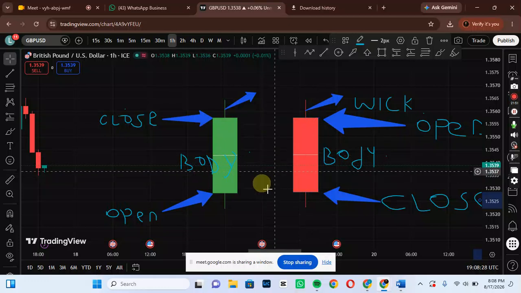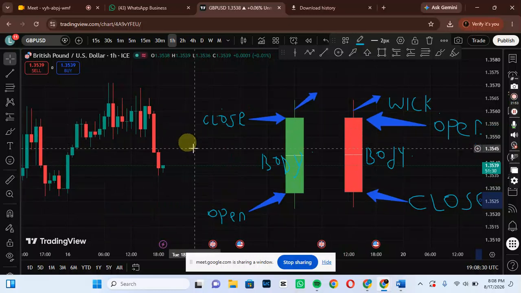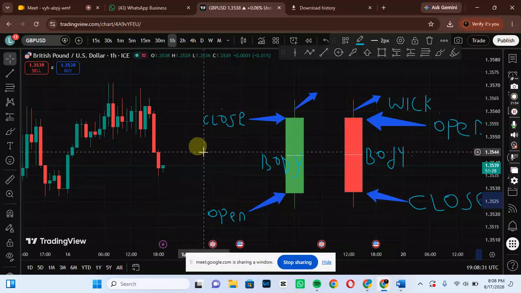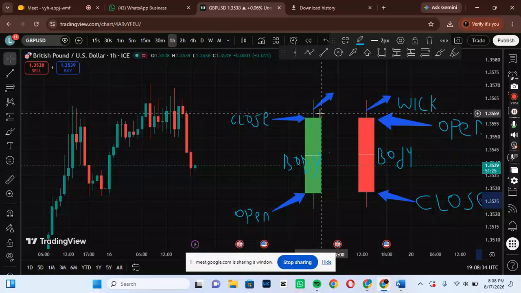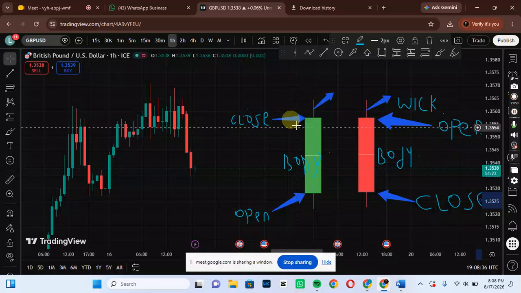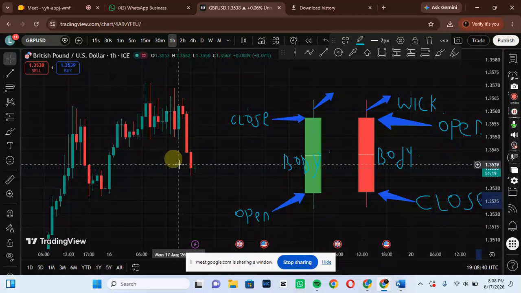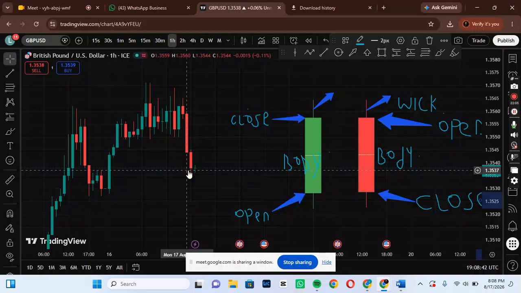So as I was saying, what causes this wick? Now you're going to notice that sometimes price will just open. When price opens at this point, sometimes there's what they call volatility in the market.